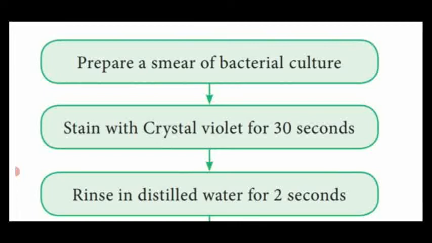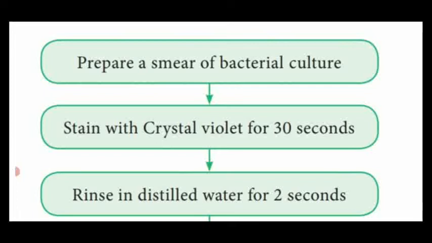We have to prepare a smear from the bacterial culture. We have to take a large amount of bacteria and smash it well. After smashing, we have to form a colloidal or semi-solid form, like a paste. That is said to be preparing a smear with bacterial culture.